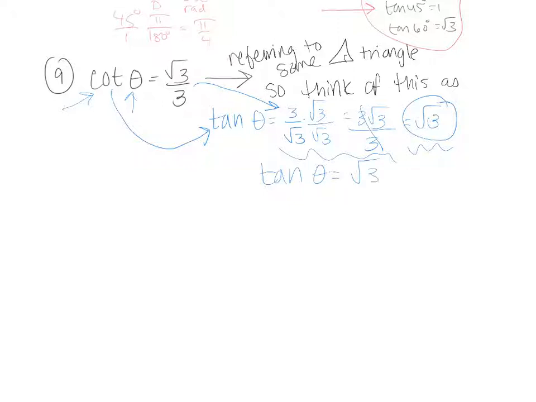Our ultimate goal is to find theta, because this whole thing with theta is talking about the same triangle. At what angle is tan square root 3? Is it 30 degrees or is it 60 degrees? At 30, it's root 3 over 3. So it's 60 degrees. So theta is 60 degrees, which is also pi over 3 in radians.